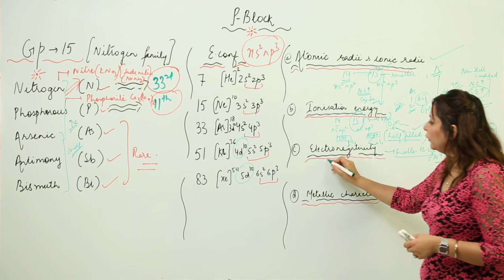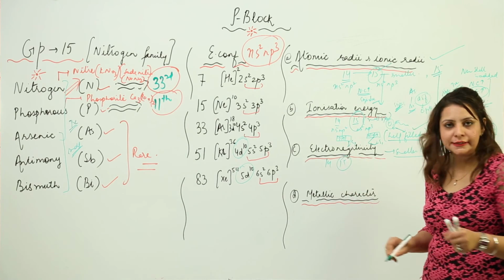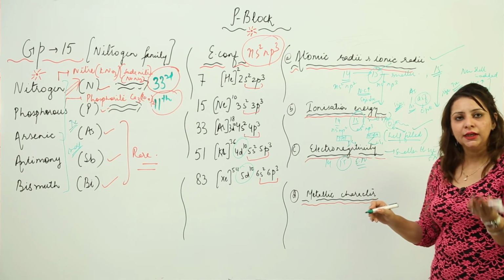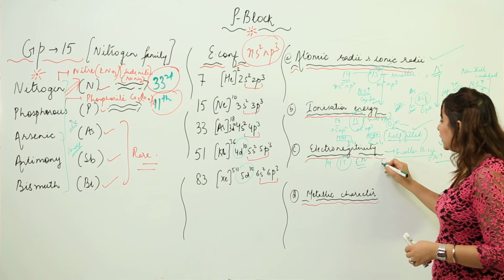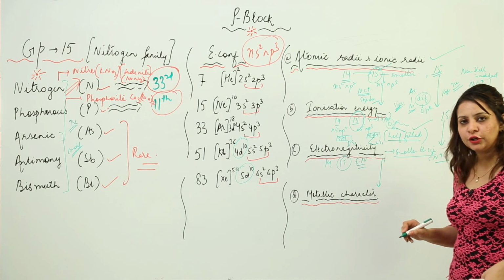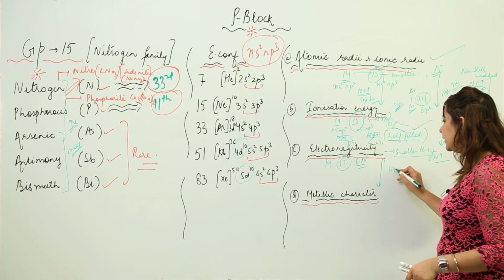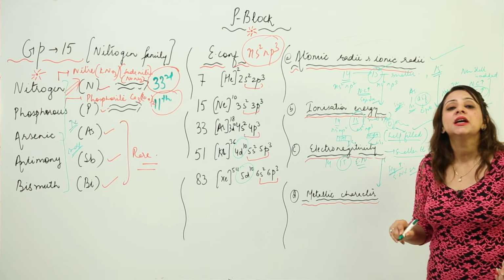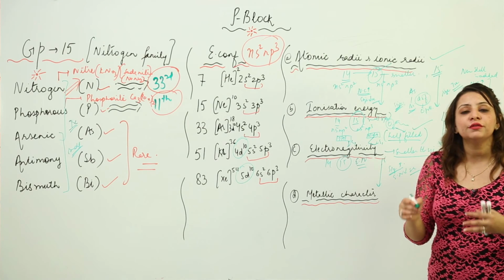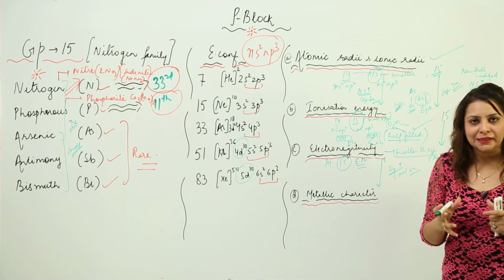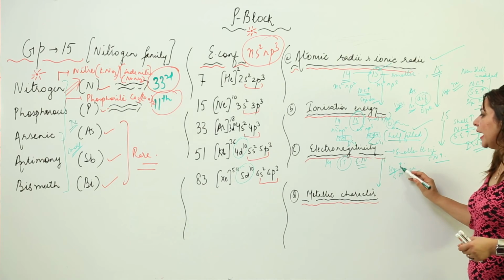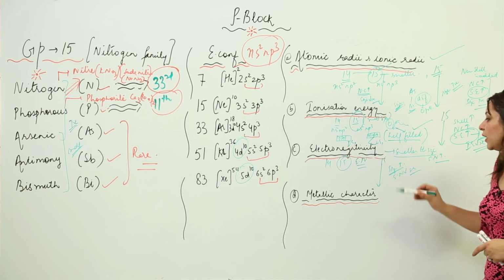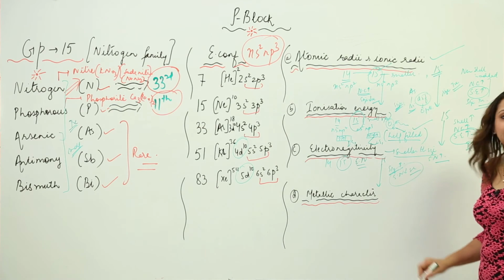So if we compare groups 14 and 15, the group 15 ones are smaller in size, so they will be more electronegative than the group 14 members. But if we move along group 15, we see that size is increasing, therefore electronegativity must be decreasing, because for a substance to be electronegative, the factor responsible is small size. Here the size is big, so the nuclear charge is not sufficient, therefore electronegativity is low. So as we move down the group, electronegativity decreases.